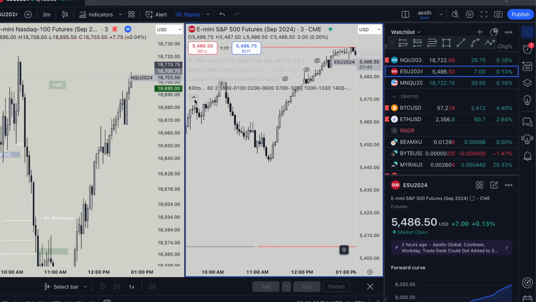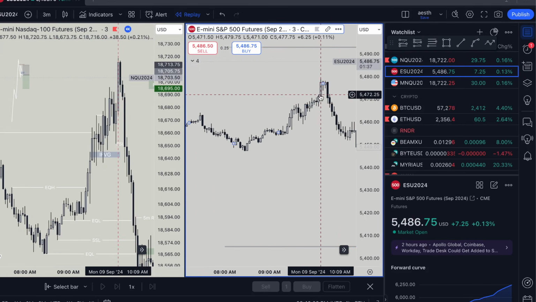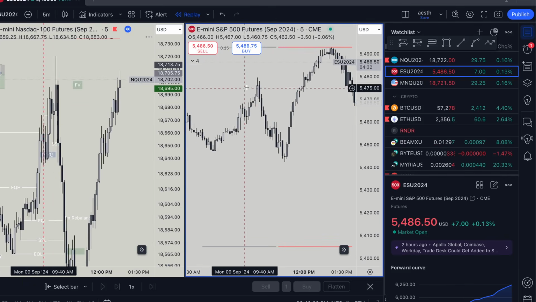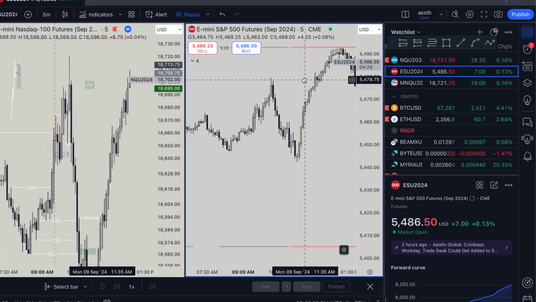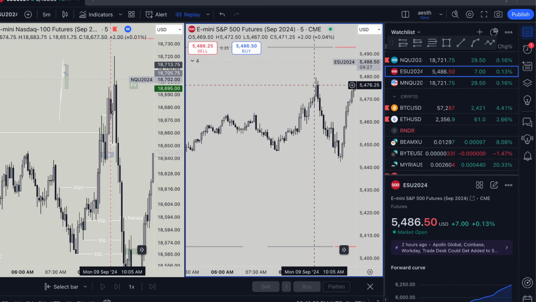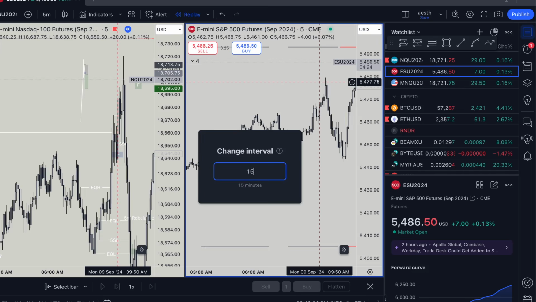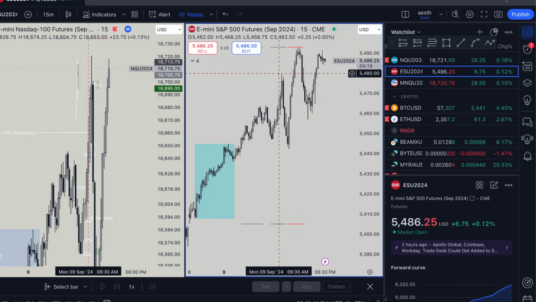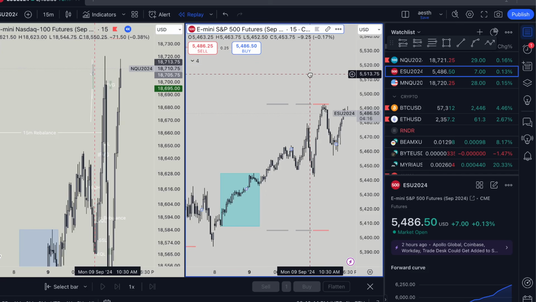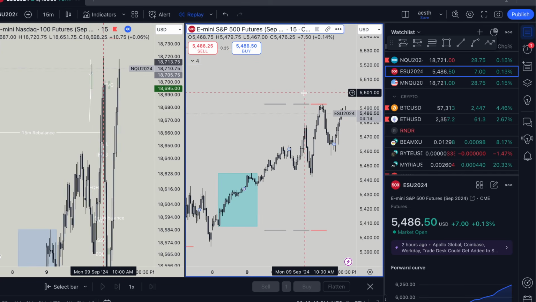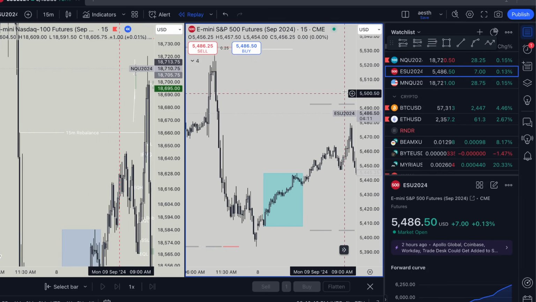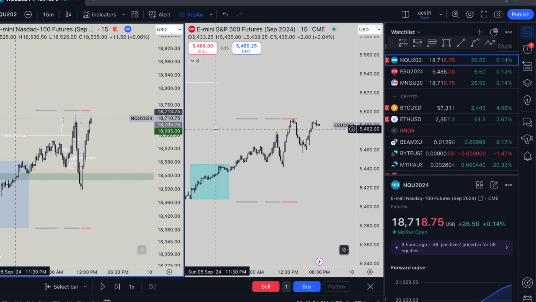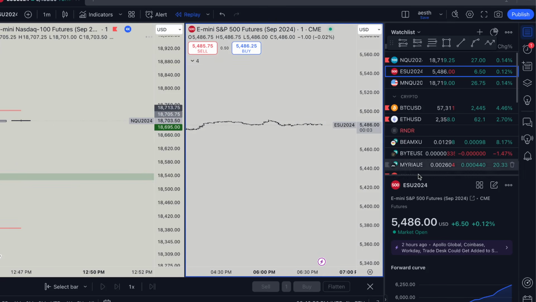Where are we? Whatever. I know we had an SMT before, and then they both ended up running higher.